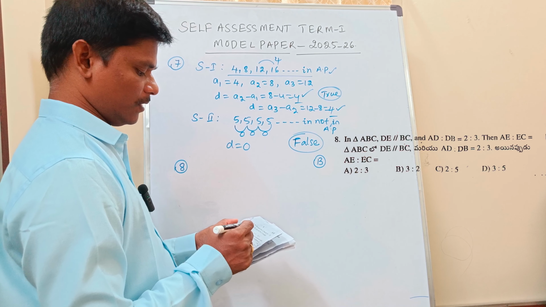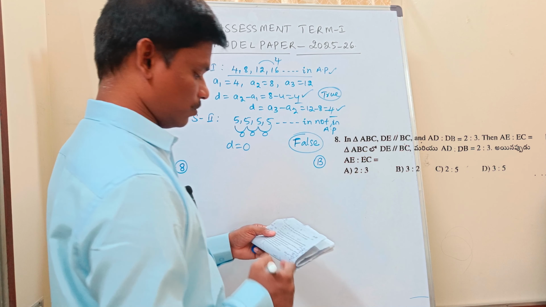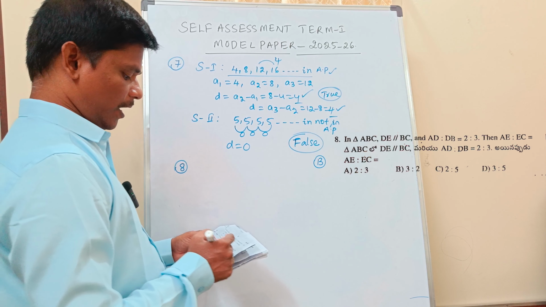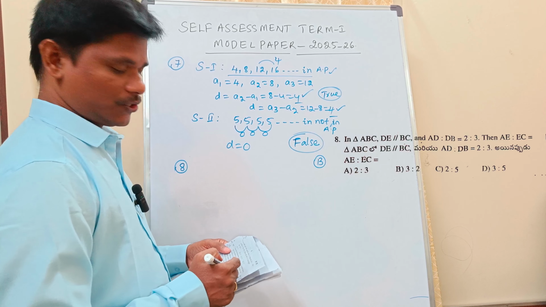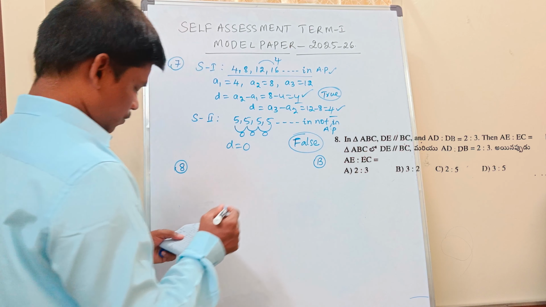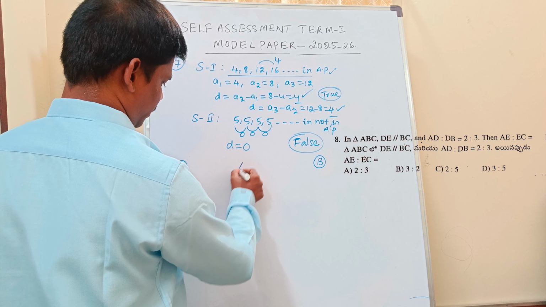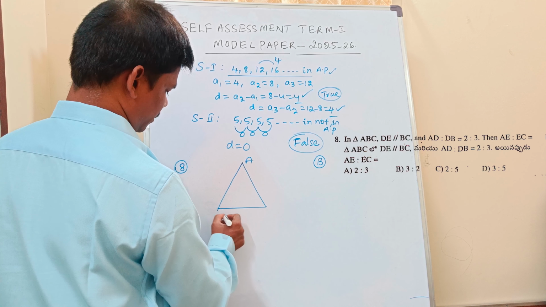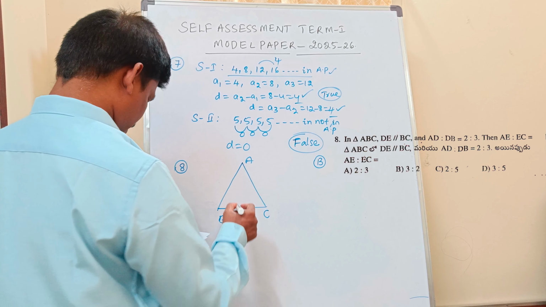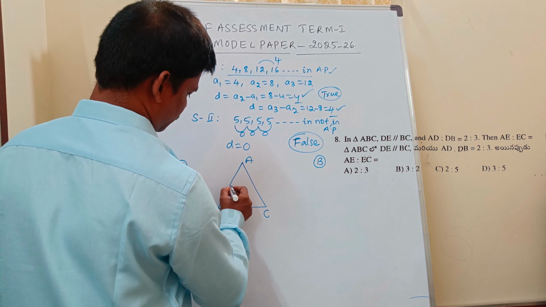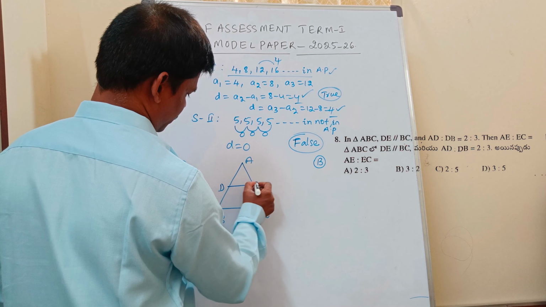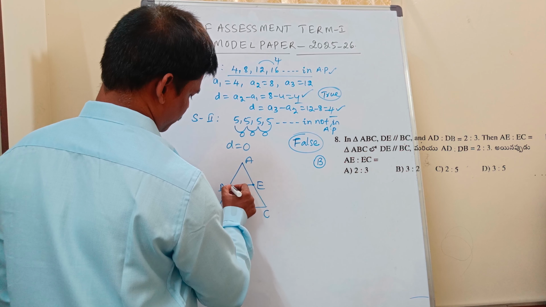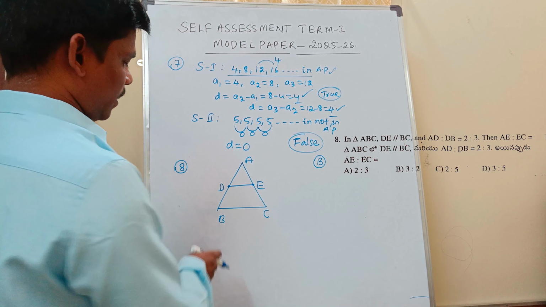The options: A 2 is to 3, B 3 is to 2, C 2 is to 5 and D 3 is to 5. So check it. First take the triangle ABC. Triangle ABC is given, and DE is parallel to BC.